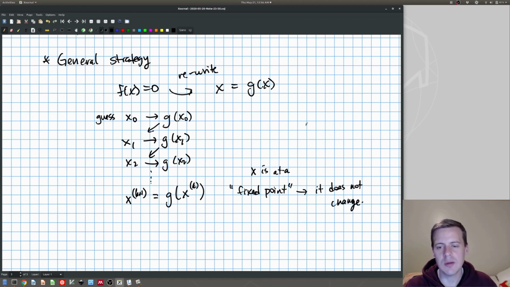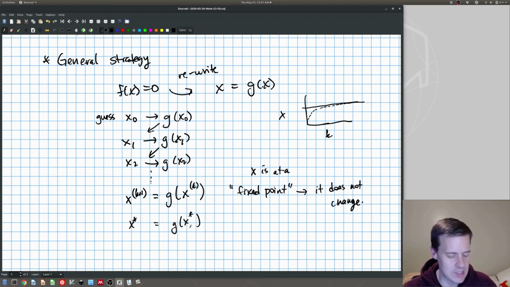If you were to plot x versus k, it might change, and then it would come to a spot where it would just be the exact same number the whole time. It gets fixed. So that's why it's a fixed point. We will call that x star is equal to g of x star, because now they're the same thing.